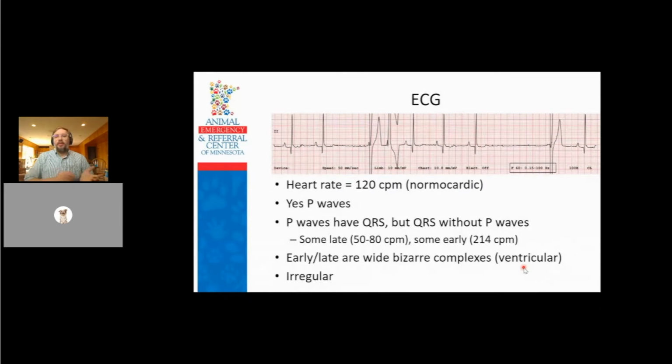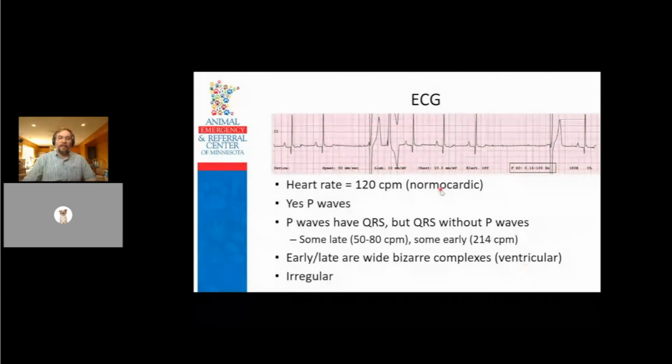So a lot of times when you see wide bizarre complexes, we often say VPCs, but the P means premature. I don't want to be pedantic with naming, but to me, this one's important because you manage premature and late beats very differently, because they mean very different things. So is it coming in before or after you'd expect a normal beat to come in?